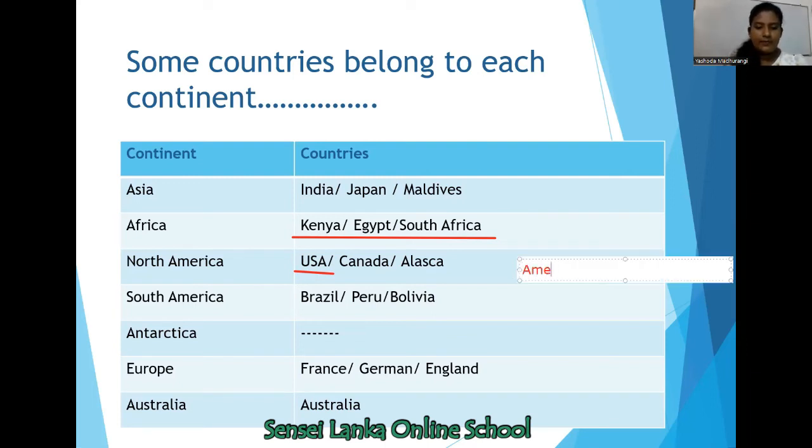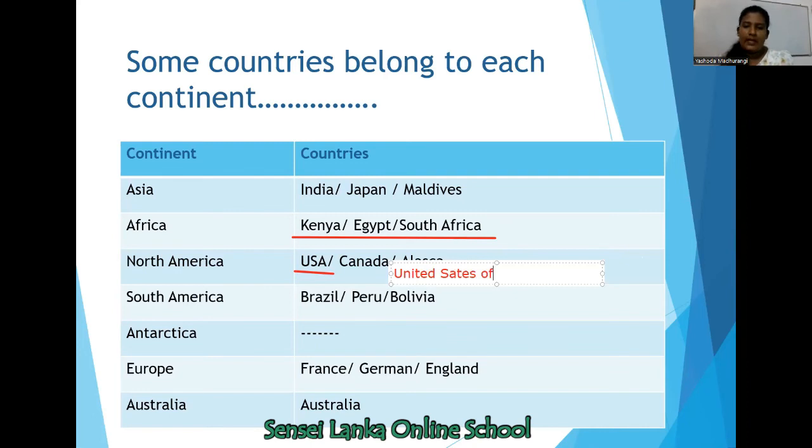It is not the name of the country. So you have to write the correct one. What is the correct one? United States of America. Then only it becomes correct. Then Canada, Alaska. These are the countries in North America.